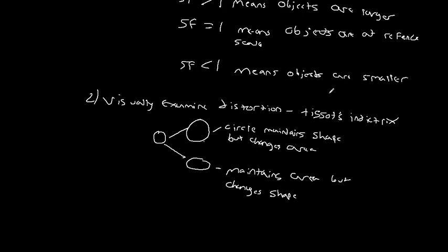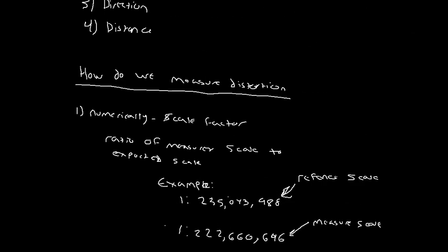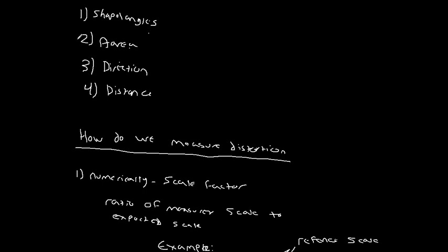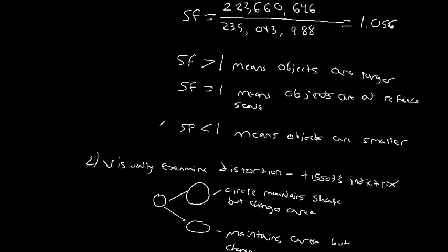If you see this pattern happening, where you're preserving area but changing shape, this means that you've addressed this area distortion at the cost of the shape distortion. And again, you cannot have both of these. You can either have one or the other. There's no real way to do both perfectly.